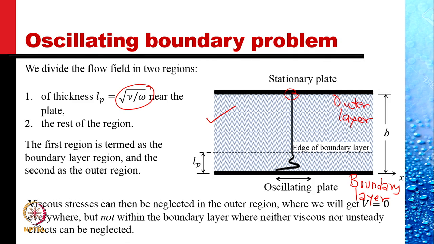And so the velocity is invariant through the outer region with time as well as with y, and we get Vx equal to constant equal to 0 throughout this region. But within the boundary layer, both the terms must be present: the unsteady force term as well as the viscous force term.